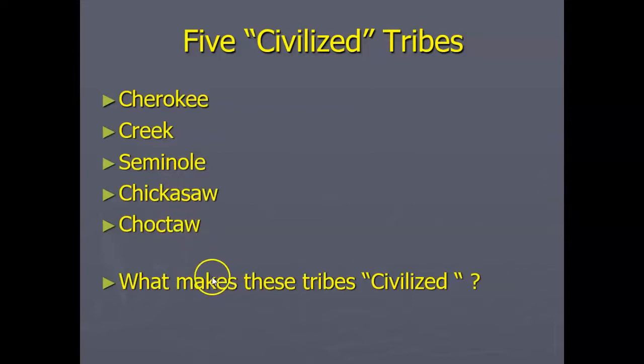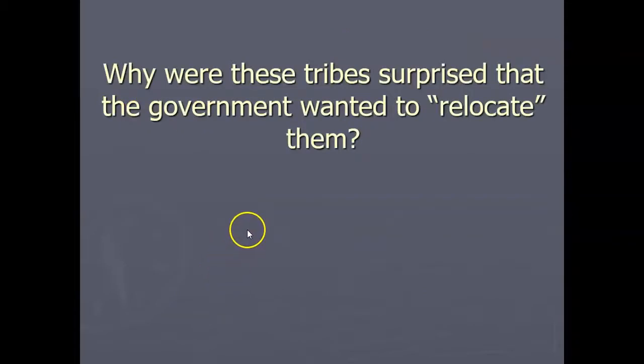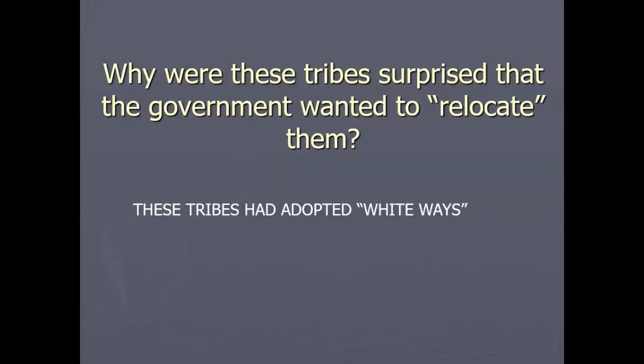So let's go into this question. What makes them civilized? As we look at this question, the tribes were surprised that the government wanted to relocate them because they were considered quote-unquote civilized. And what made them civilized was they had adopted white ways. Things like farming. They had begun to stop their migratory movement and settle down into basically what white Europeans and Americans were doing, mostly farming.